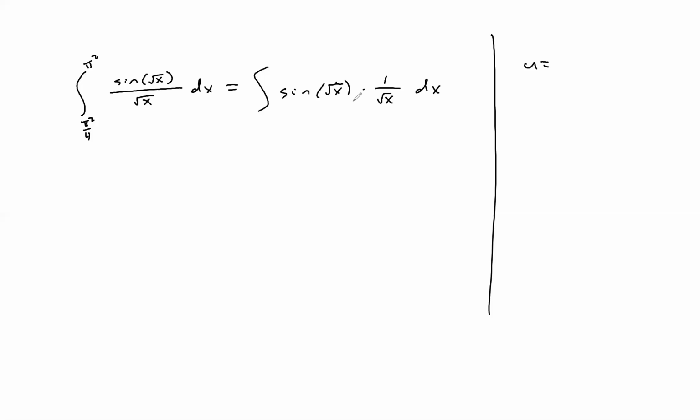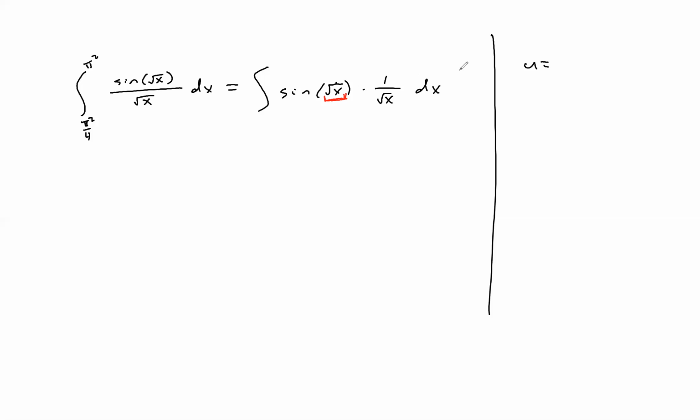So one of the things to look out for is when you have a composition of two different functions, a lot of times whatever is on the inside is going to be what you want u to be. The other thing to look for is, is there anything in this integral where when I take the derivative of it, I get something else in the integral? And it turns out that this square root of x works out perfectly because it satisfies both of those criteria. It's on the inside of my sine function, and look at what happens when I take the derivative of it.